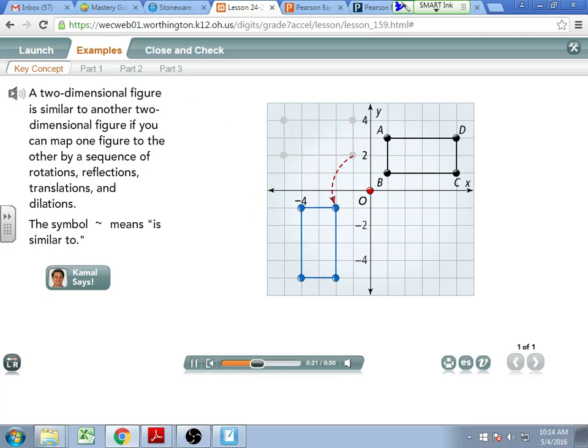So we can get similar figures through any process that changes the size but does not change the angle dimensions. So we have some rotations and some flips and reflections going on. That all creates congruent shapes, but as soon as I change the scale of it, now I just have a similar figure. So even though it's changed its orientation, it's changed its quadrant, and it's changed its size, it is still similar.